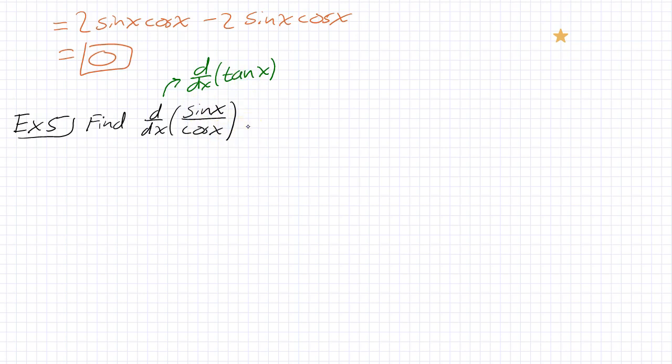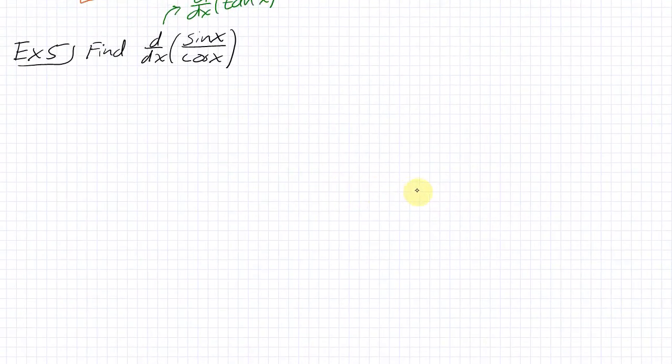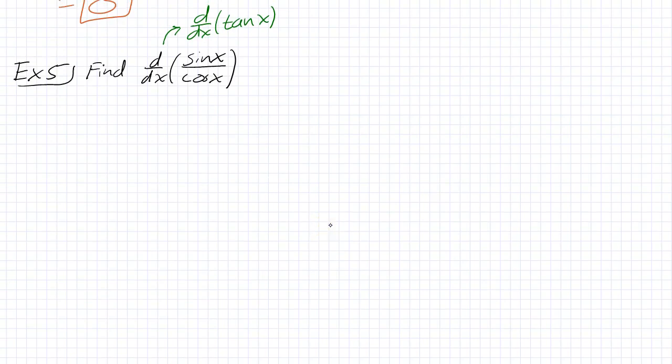So to do this one, you can use the quotient rule. Actually, that's a good thing to practice, using the quotient rule right now. So actually, let's pause it here to use the quotient rule on this problem and these derivative formulas we just learned. And the answers will appear in 3, 2, 1.